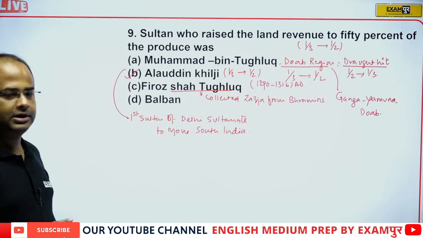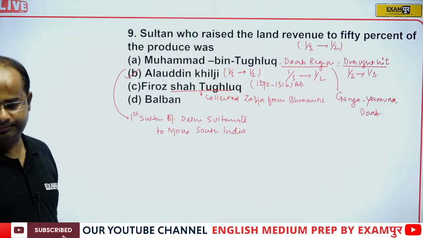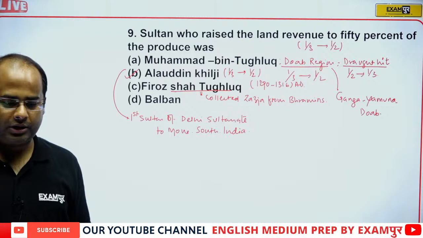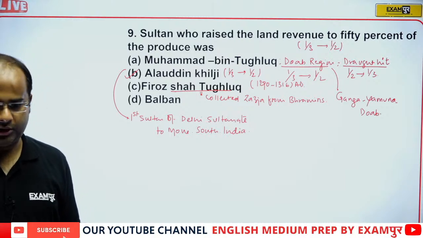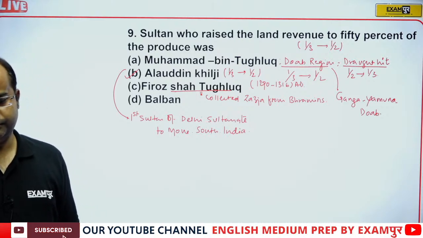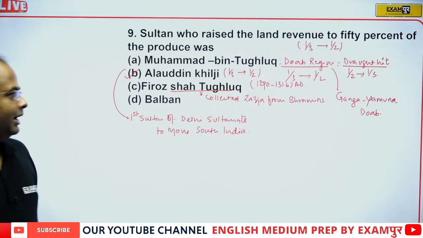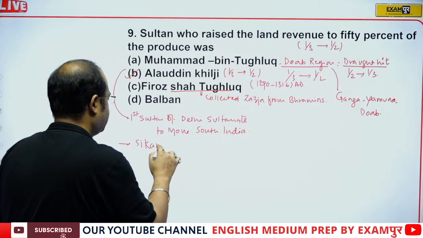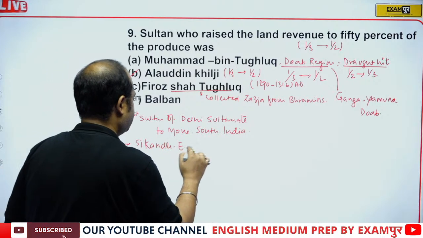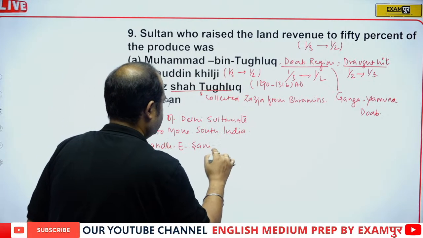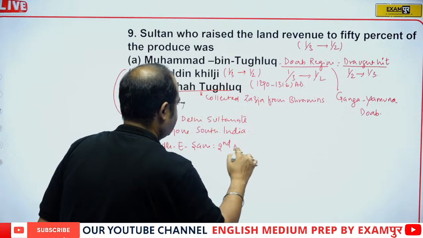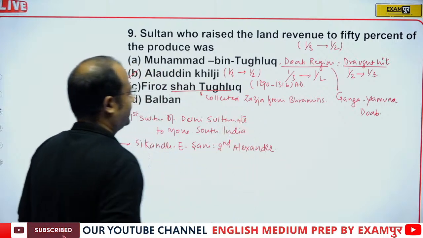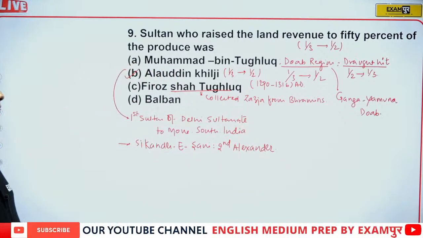Therefore, the correct answer will be option B. He was the first Sultan of the Delhi Sultanate to move to South India, and he called himself Sikandar-e Sani, that is, the second Alexander.